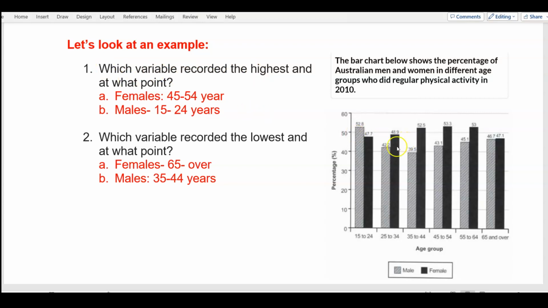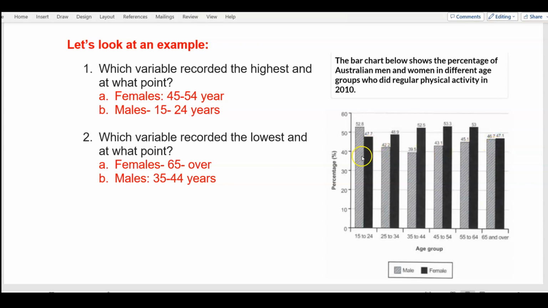If you look through it, you find that here males were 52.8 and females 47.7. Aside from this one, females are more than males here, here, and here, and even here we have the males at 46.7 and the females at 47.1, so it's still more than the males.